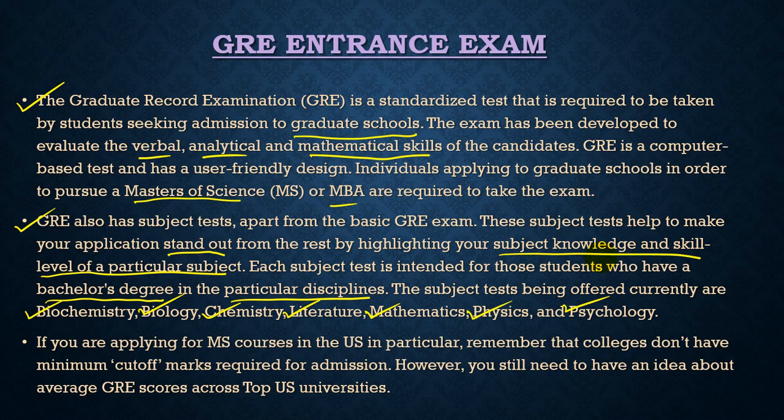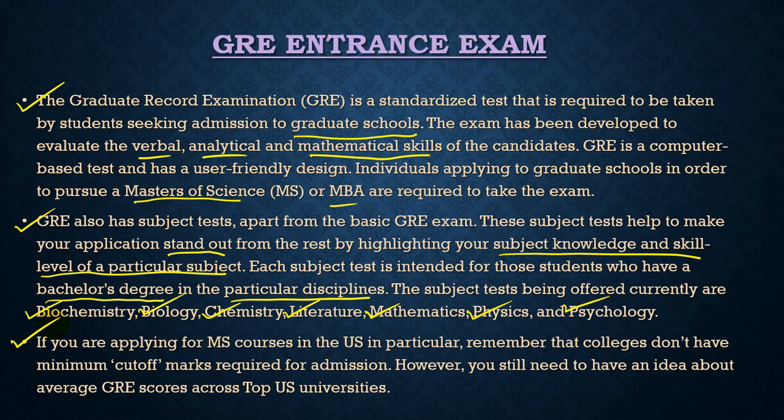Now, if you're applying for the MS in the US, remember that colleges don't have a minimum cutoff required for the admission. However, you still need to have an idea about the average GRE scores of the top US universities, because they won't tell you that this is the minimum cutoff required to qualify for our courses.